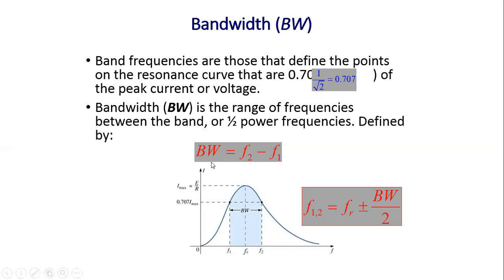So final minus initial, you can say the difference between the final and the initial. In this way you can calculate the bandwidth as well as the range of the frequency. Okay, so here the bandwidth will be f2 minus f1, but if you want to calculate f1 and f2 with respect to the resonance frequency, then it is bandwidth divided by 2. So in this way you can observe the current and the frequency curve.